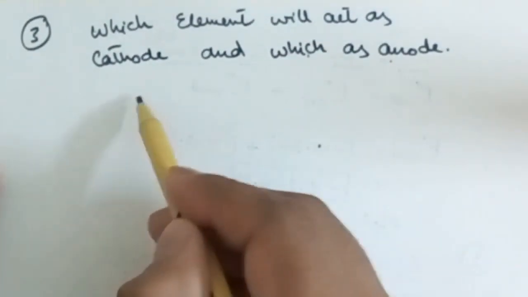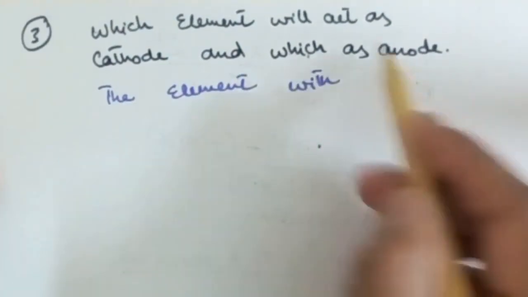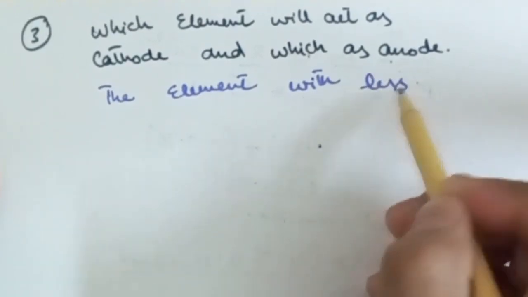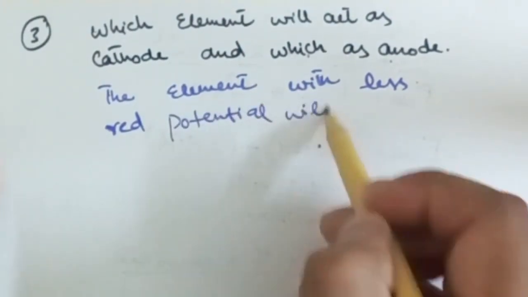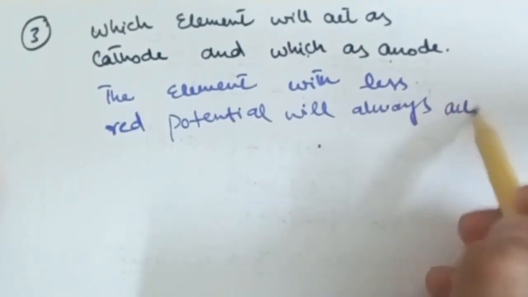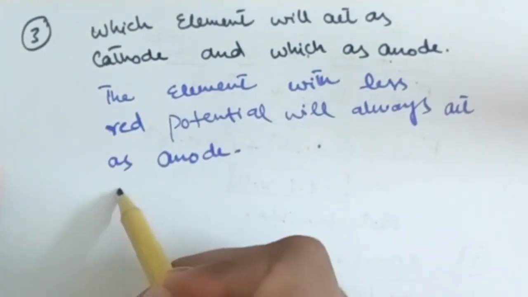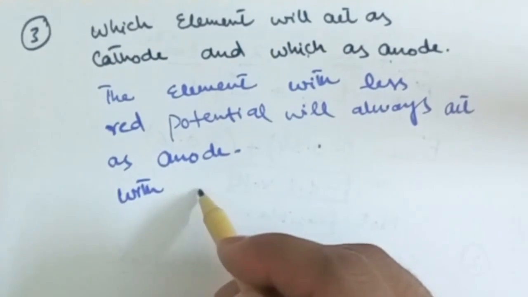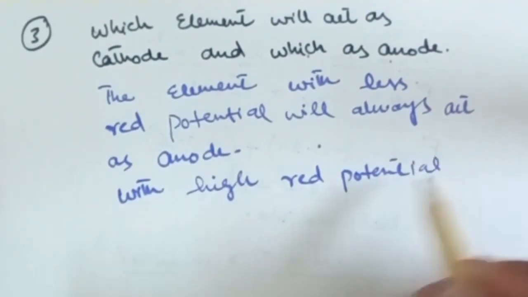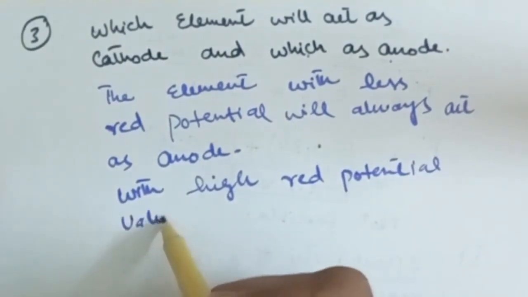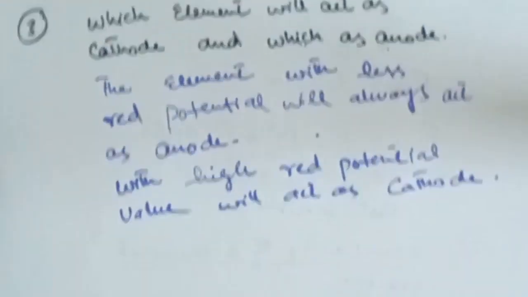So I will write down the rule that the element with less reduction potential will always act as anode, and with higher reduction potential values will act as cathode.